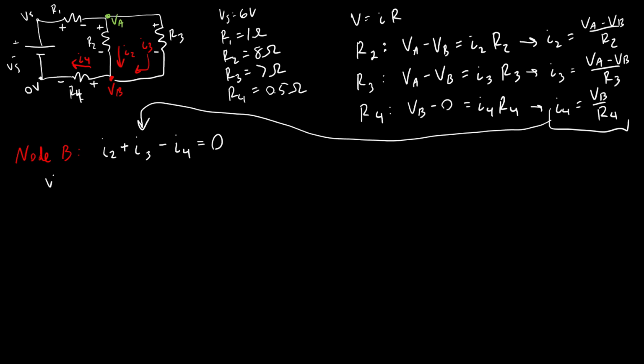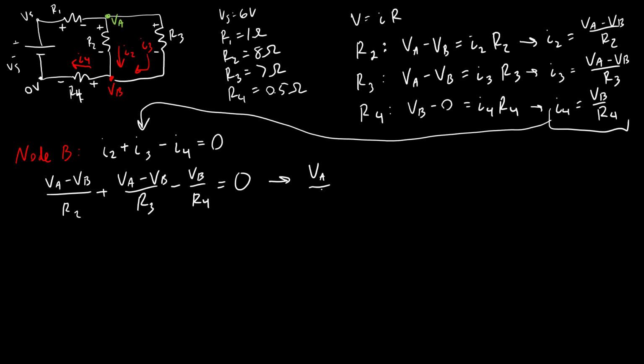So we're going to have VA minus VB over R2 plus VA minus VB over R3 minus VB over R4 equals 0. And just like we did on the previous slide, I'm going to break this out and get it in terms of coefficients times our unknowns.